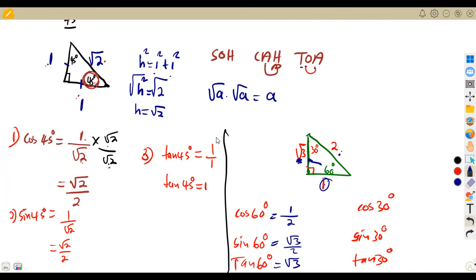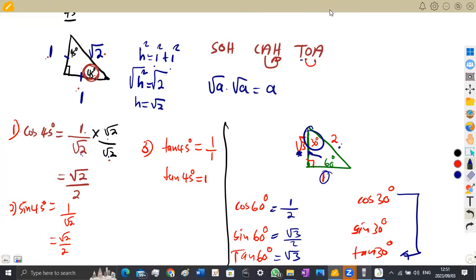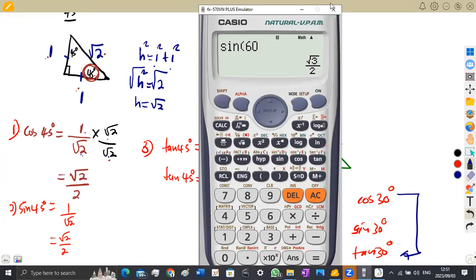If you check, these values are the same values that you're going to obtain from your calculator. I want you to find these ones from the 30 degrees, then prove with your calculator. If you check on your calculator, we are going to have the same values as the ones that we are having.